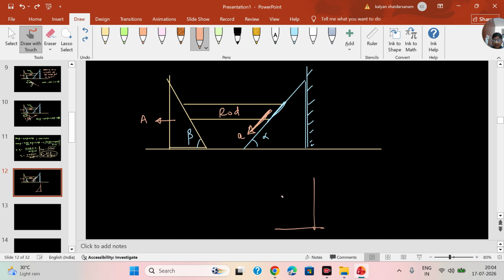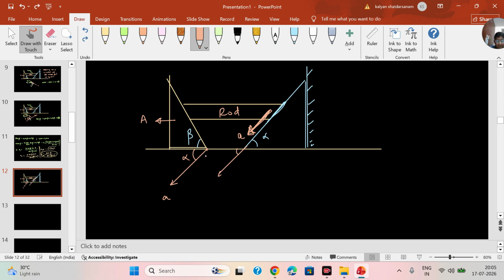So I can say that this rod is going with an acceleration a. So I will draw its direction like this. It's going with an acceleration maybe a. And what is that angle with horizontal? It's alpha. So this angle is alpha. This acceleration, if you extrapolate it, it will make an angle alpha with the horizontal.